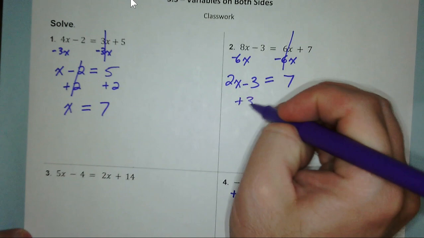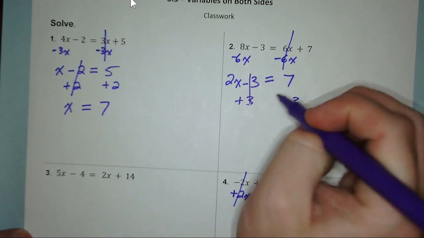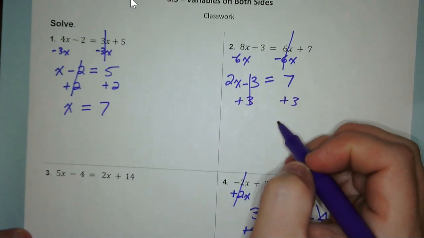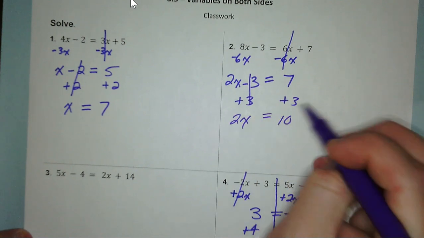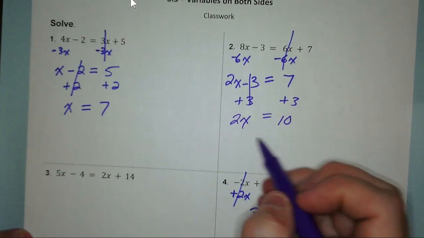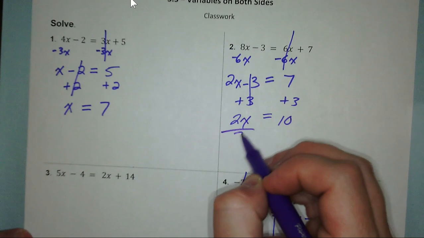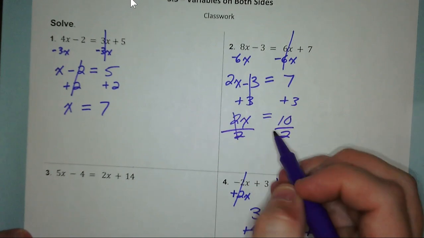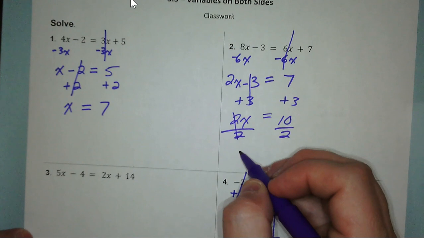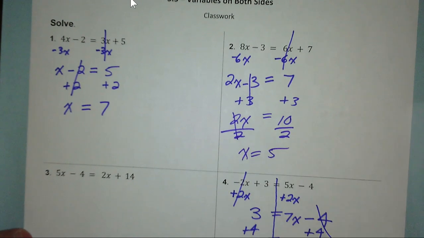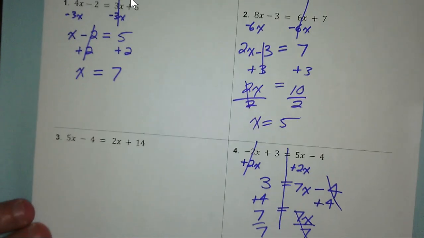You definitely need to do the opposite of that first. So add 3 to the other side. And now your equation says 2x equals 10. Now we divide by 2 to get rid of that, because this is like 2 times x. So we do the opposite to get rid of it. And we get a final answer of x equals 5.